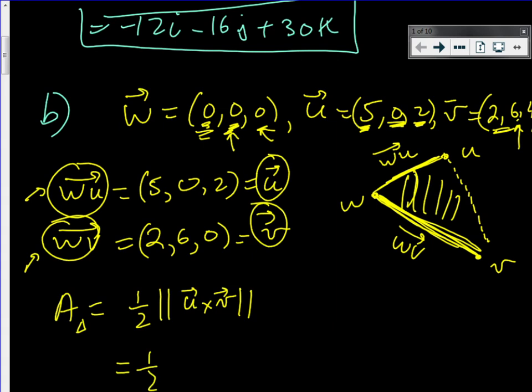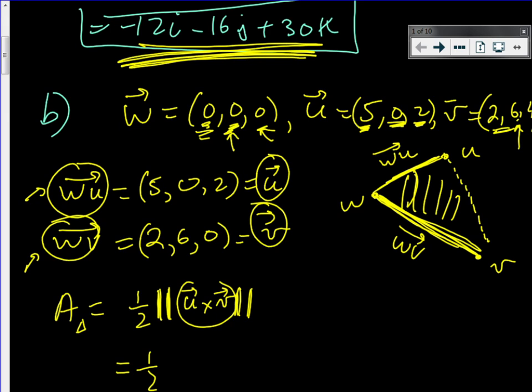But that's pretty routine, calculating that. There's the half. The length of this vector, these two bars mean find the length of it. There's u cross v there. So the length of it is the negative 12 squared plus the negative 16 squared plus the 30 squared.